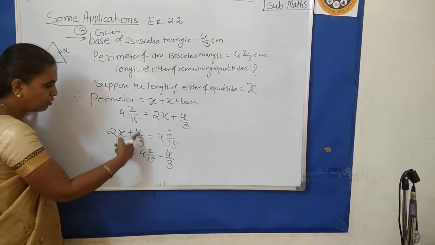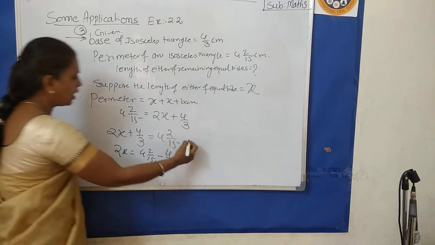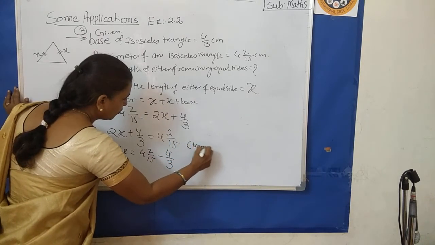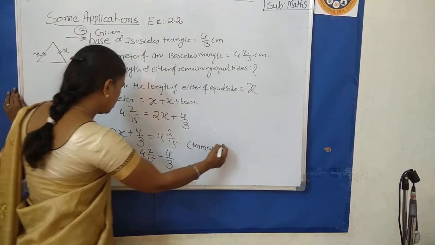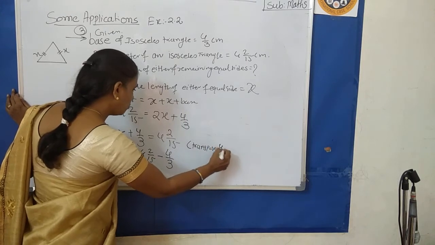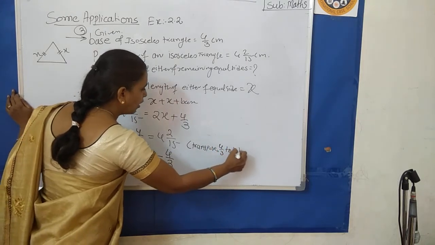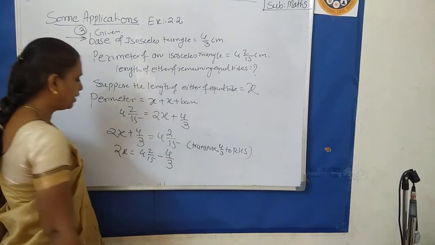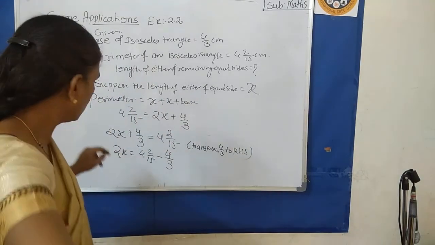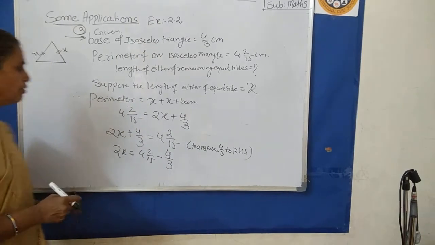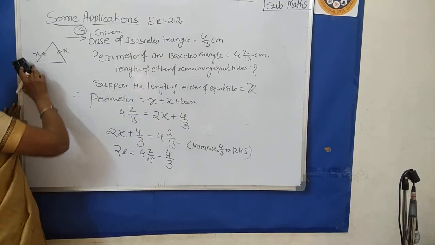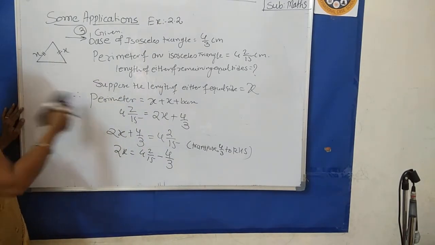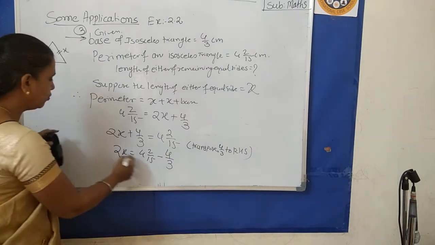So we transpose 4/3 to the RHS, the right hand side of the equation. Now subtract. What is the LCM here? LCM is 15. How can we do the subtraction? Write with me.